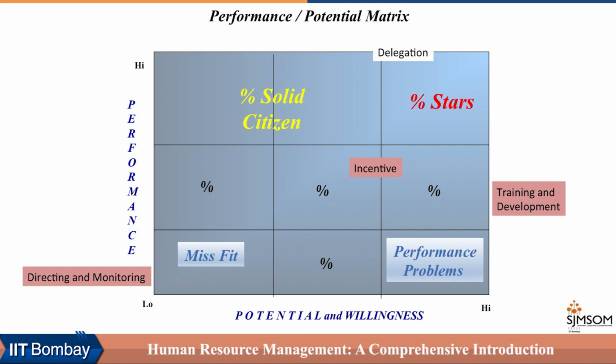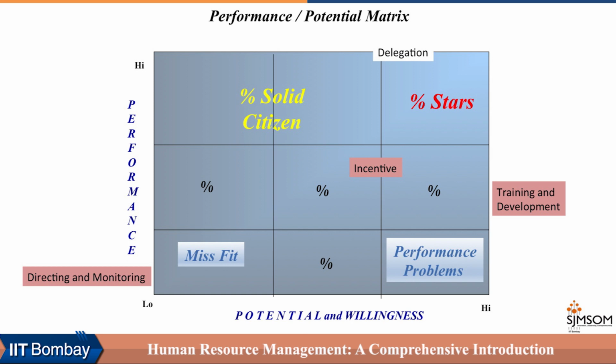These people have to be trained, coached, mentored, particularly trained. Training can be very useful for this category of talent, which is high on potential and willingness, but low on performance.